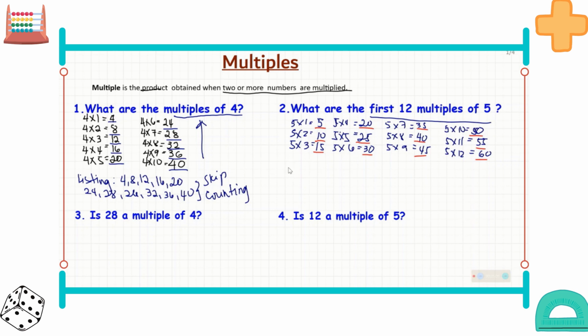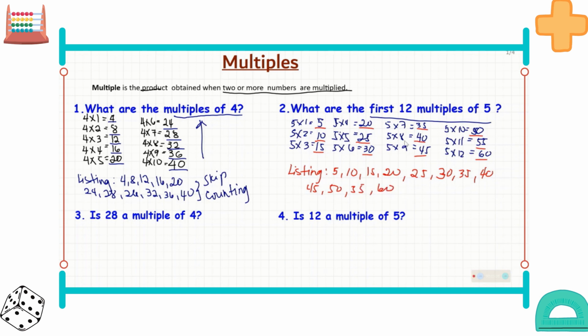If we do listing instead, we just skip count by 5 twelve times. So the first is 5, 10, 15, 20, 25, 30, 35, 40, 45, 50, 55, and 60.